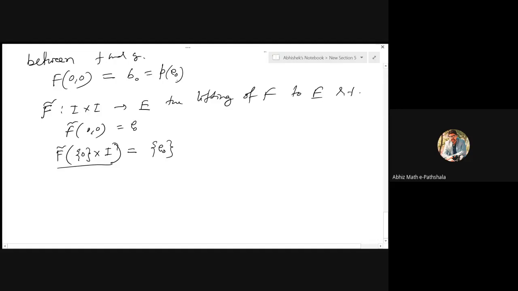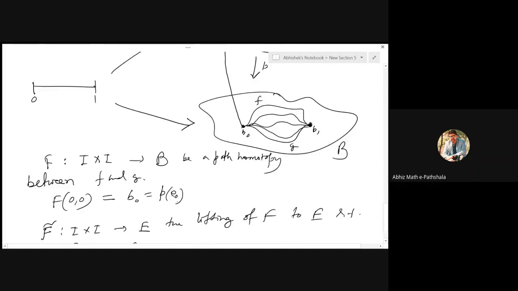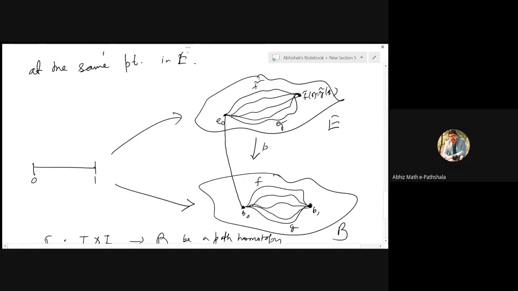So therefore, it is e naught. And this one you have proved is a single point. Let it be e1.